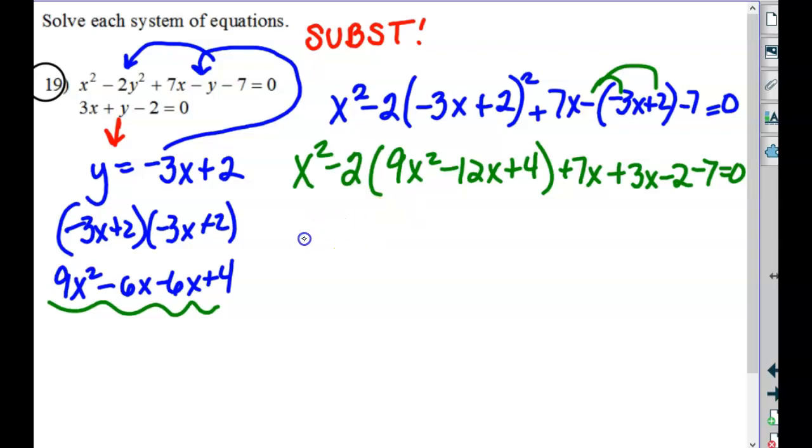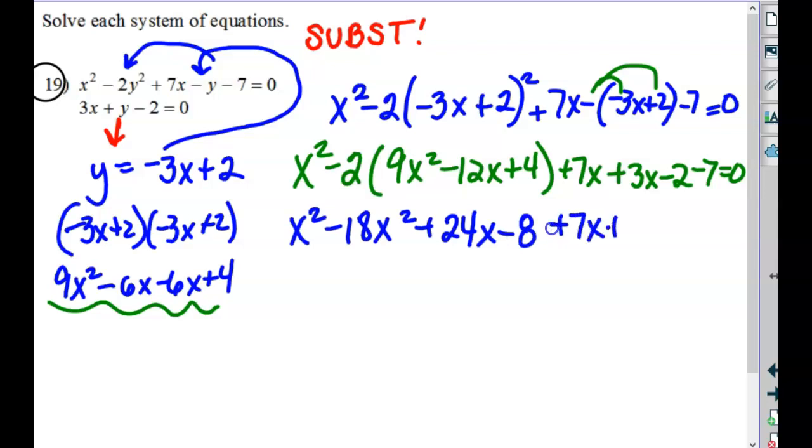Okay, it's going to get a whole lot nicer in a second here. x squared minus 18x squared plus 24x minus 8 plus 7x plus 3x minus 2 minus 7 equals 0. Okay, combine like terms and life will be much better. What do we get here?